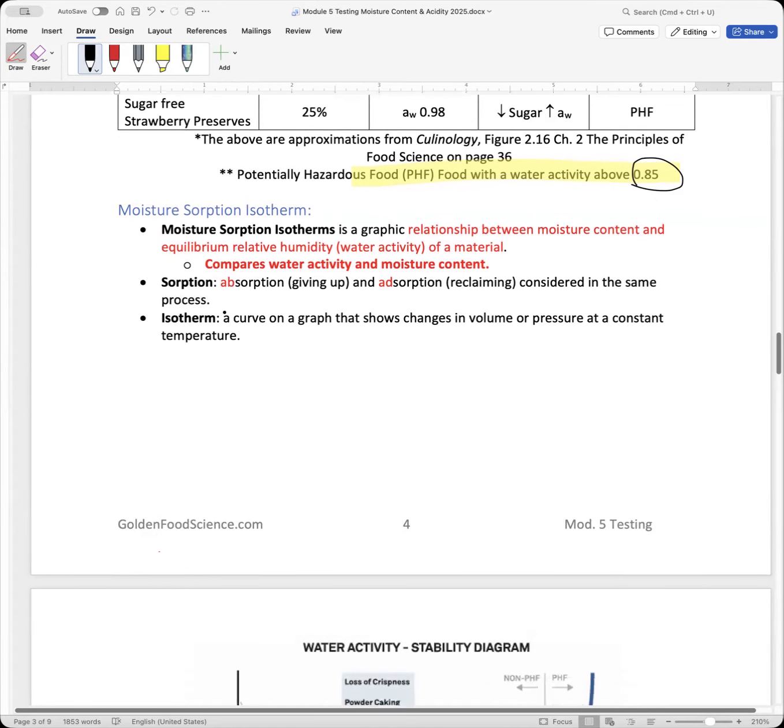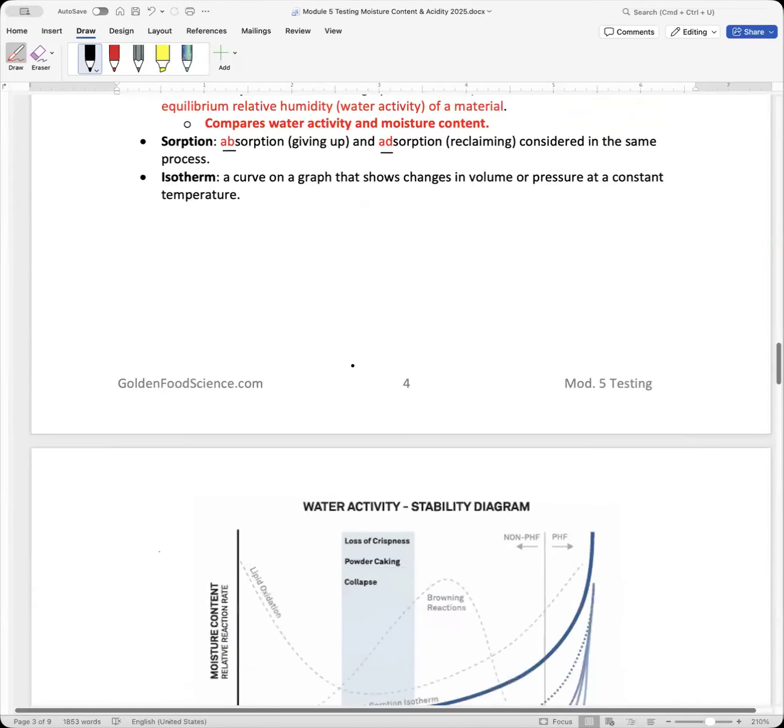The learning objectives say adsorption, I think, but just a reminder, absorption is giving up and adsorption is reclaiming, but the two words are used quite interchangeably, so they're kind of considered the same process. I don't think you need to know the difference, but it does show up in the learning objective.